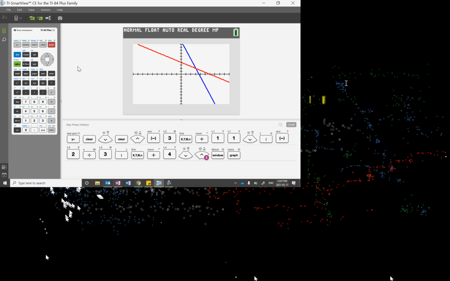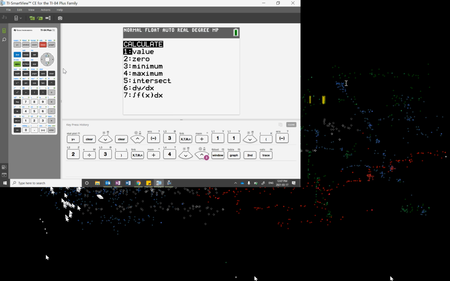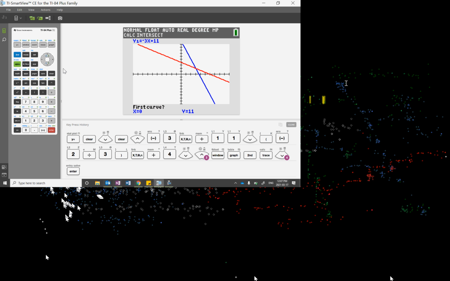How do I find where those two lines cross? Do you guys remember? Go ahead, Matt. Good. Second trace down to number 5, which is intersect. Press enter. You're going to see a little cursor. Notice right now, grade 10s, on my screen I don't actually see my cursor. On the bottom, it tells me first curve at 0 and 11.